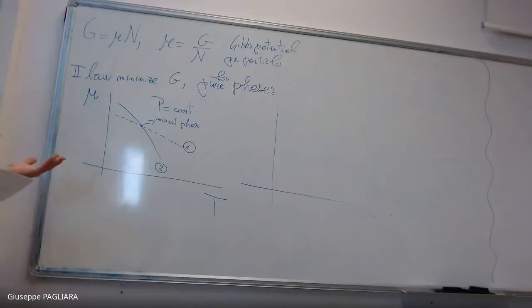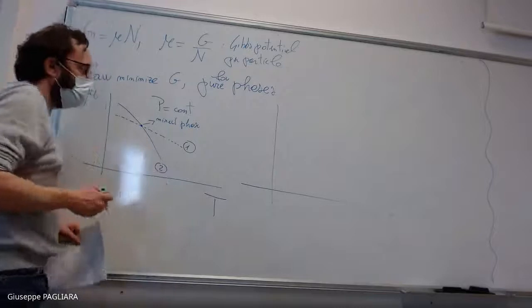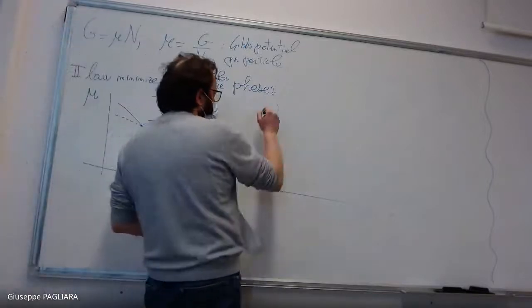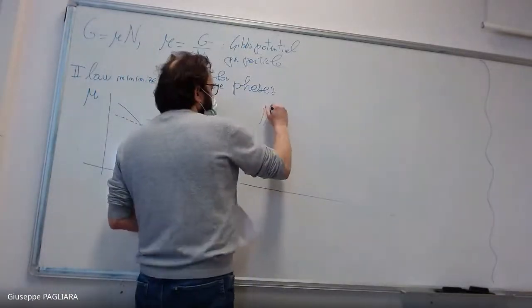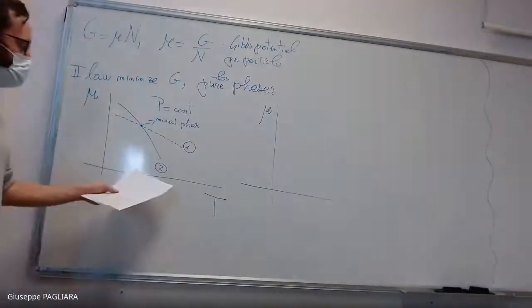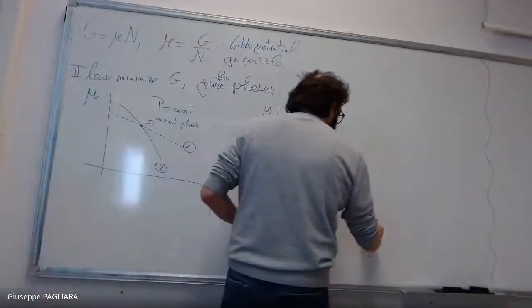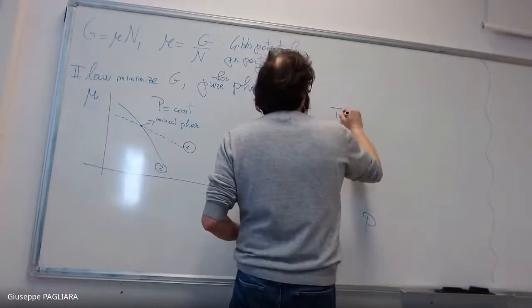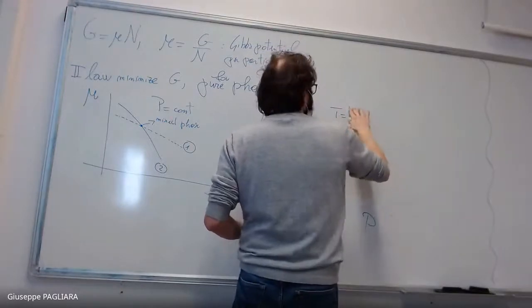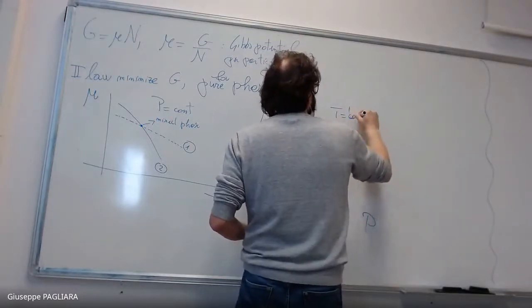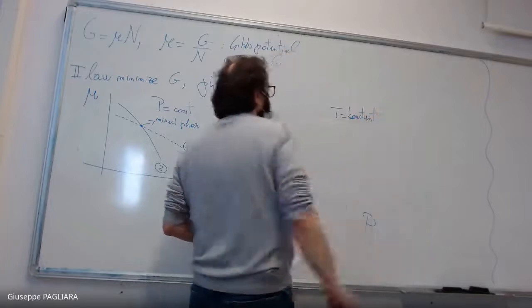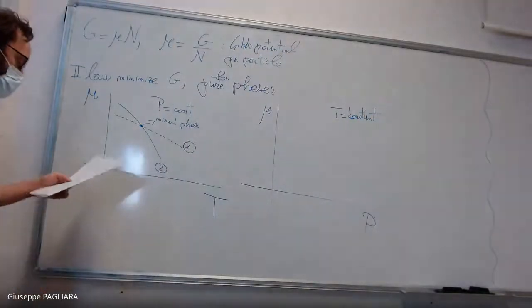This can be done by computing the equation of state of van der Waals and deriving the chemical potential, and you will see that the slope is like that. So now, instead of mu as a function of T, we have mu as a function of P, at T constant. And the situation will be like that.